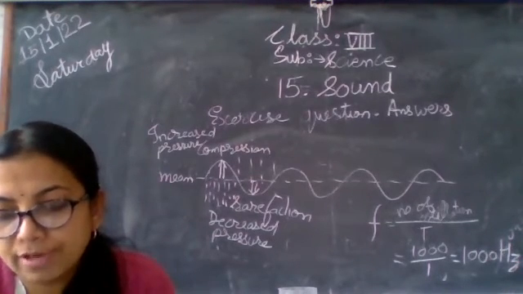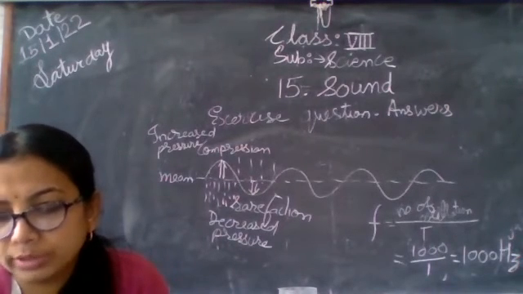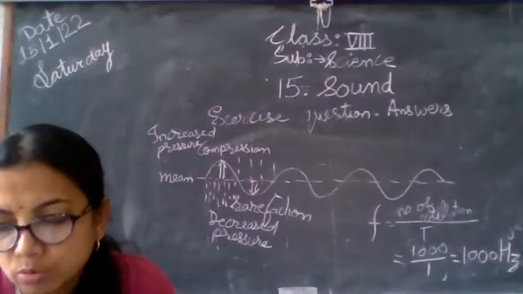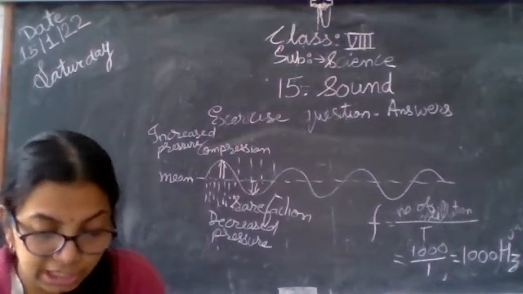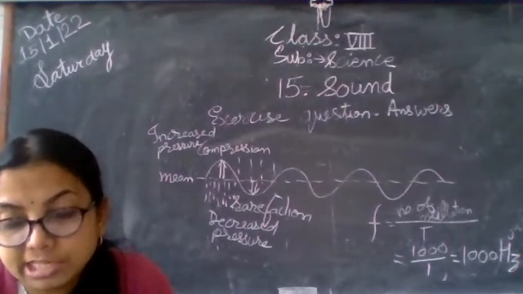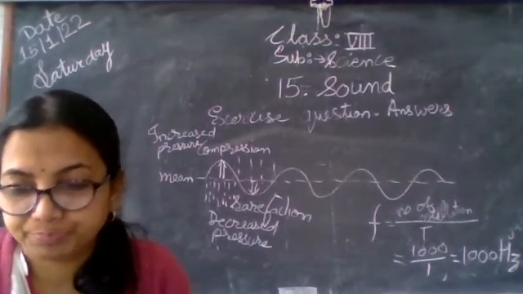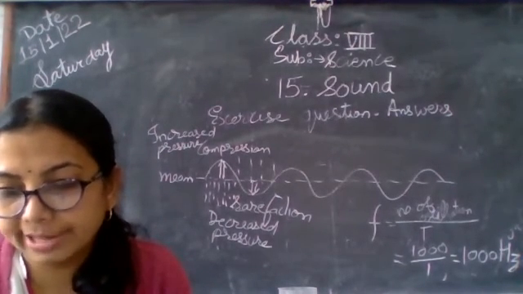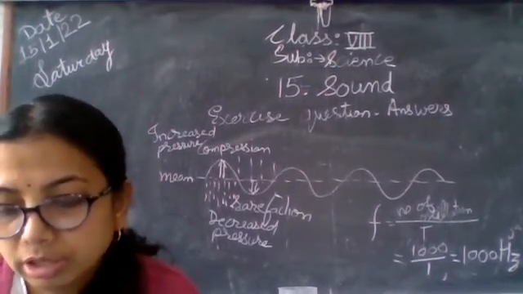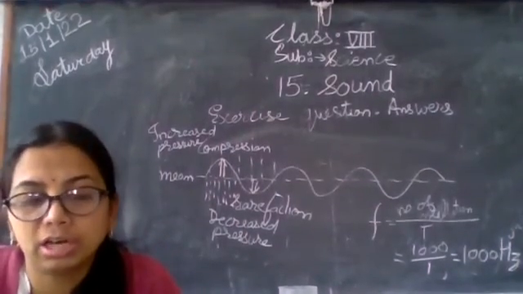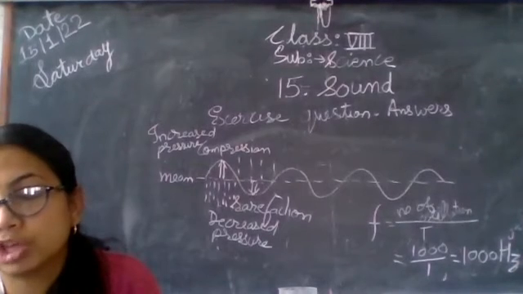Okay. Then the 5th question, we have to draw and explain the experiment with a neat diagram to prove the following: sound needs a material medium for propagation. We need either a solid, liquid or gaseous medium for its propagation. For that purpose, the experiment given in your chapter is of an electric bell put in a glass jar filled with vacuum.